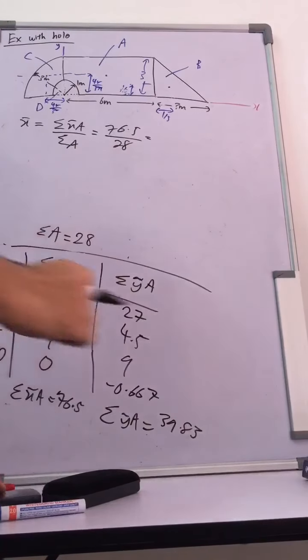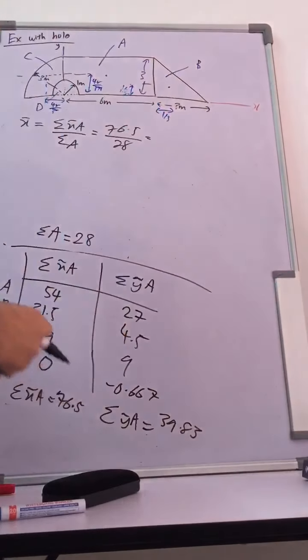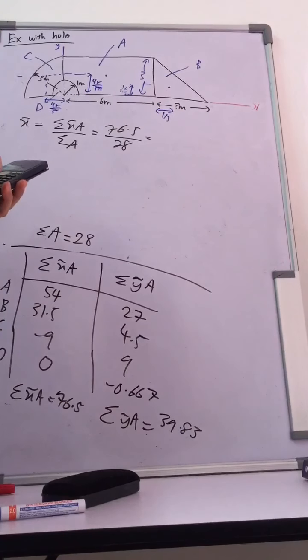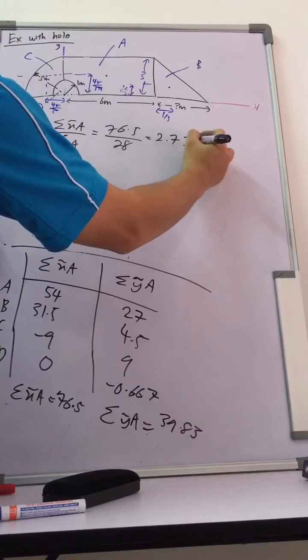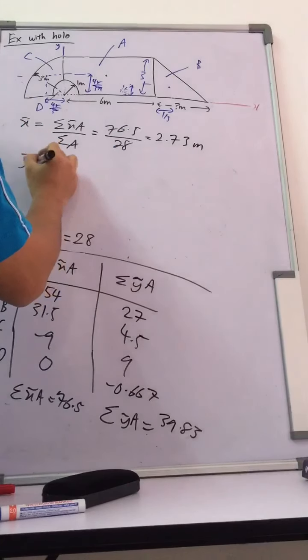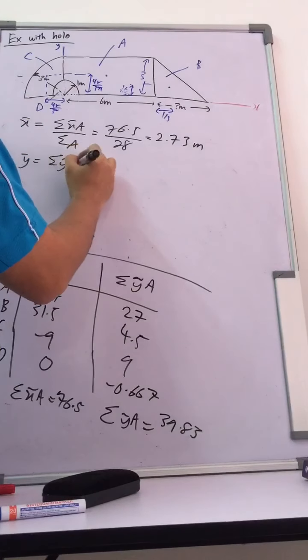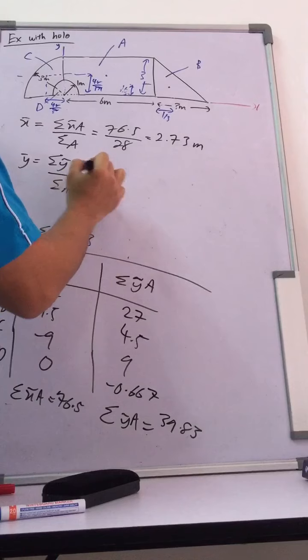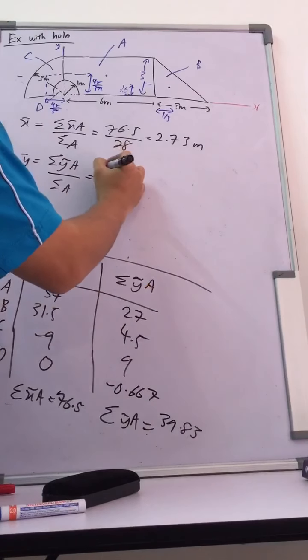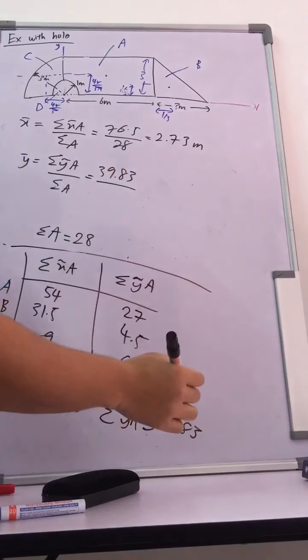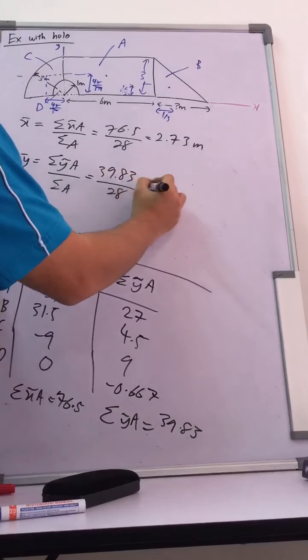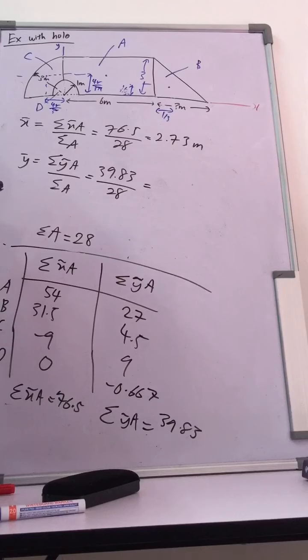You hit the calculator, 76.5 divided by 28. You got 2.73 meters. And y bar is summation of y tilde A over summation of A, which is 39.83 over 28. So you got 1.42.